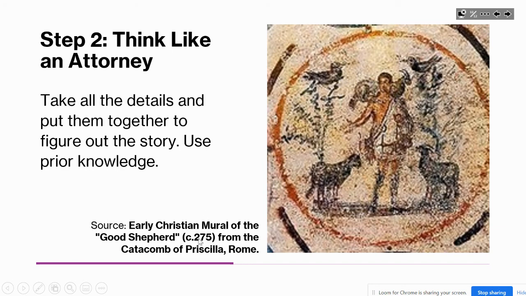And it's pretty correct for the time period that we're talking about here, 275 AD, all right? Now we have to go to the last step because we're not done yet. We just got a glimpse of the source or the artifact. We need to dig a little bit deeper, okay? So let's go to the last step.